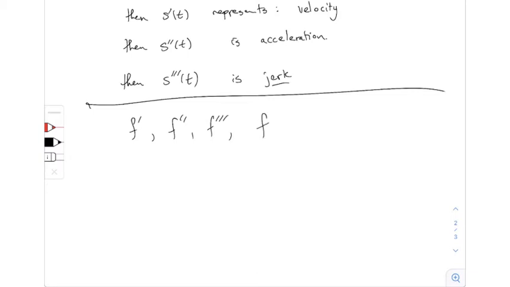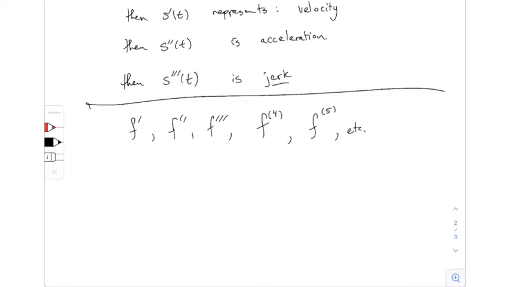After a while, people don't like to write lots and lots of primes because they're hard to read. So after that, people tend to write them with a number in parentheses. So f with a little 4 up there in parentheses means the 4th derivative. The parentheses are there so that it doesn't look like f to the 4th power, which is something completely different.